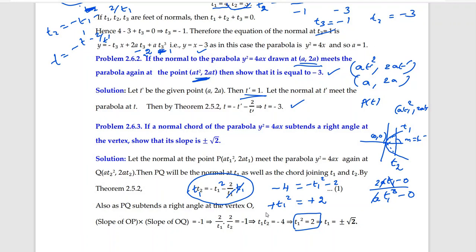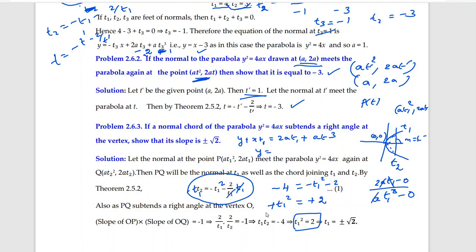Now our job is to show that the slope of the normal is this. We know that the equation of the normal at the point t is y plus xt is equal to 2at plus at cube. Here we consider the point to be t1, so this is what we get. Then what is the slope?